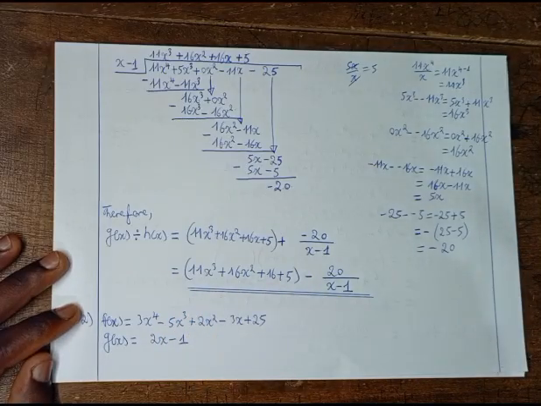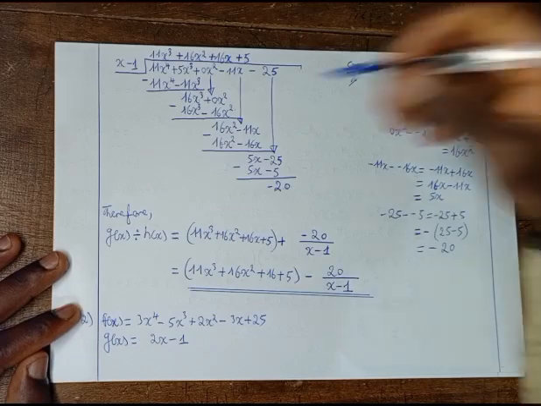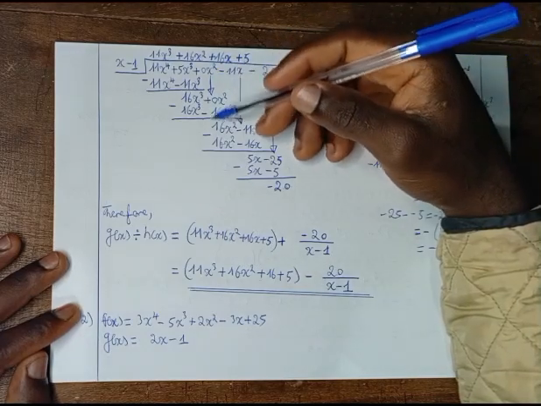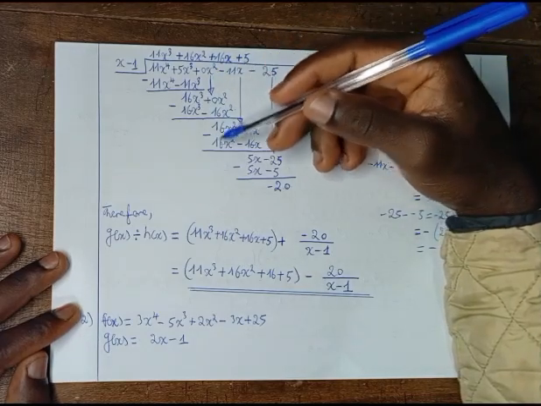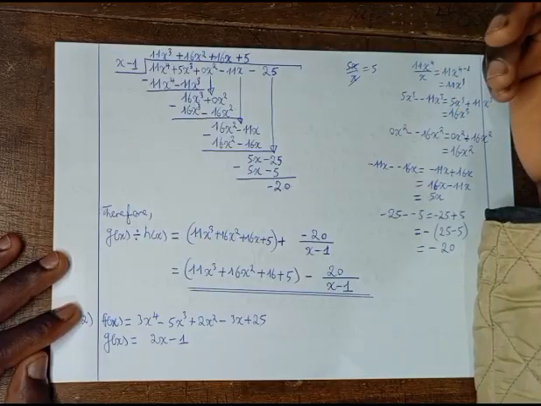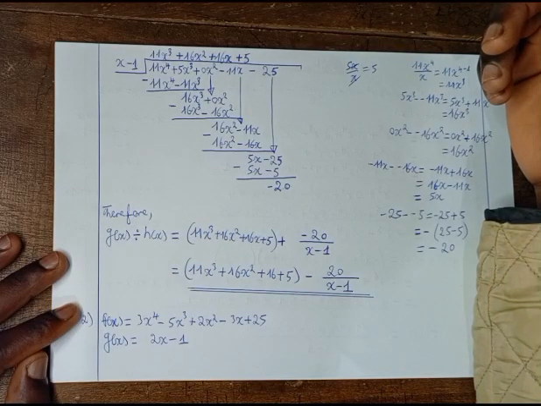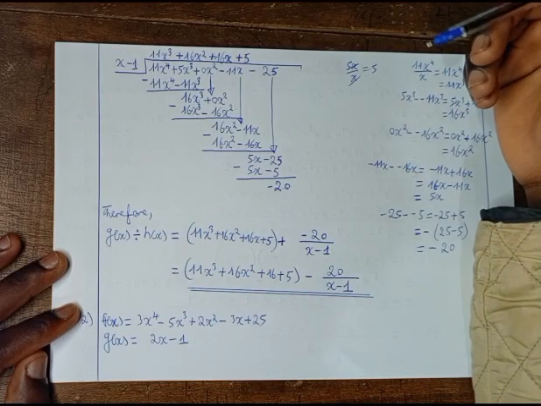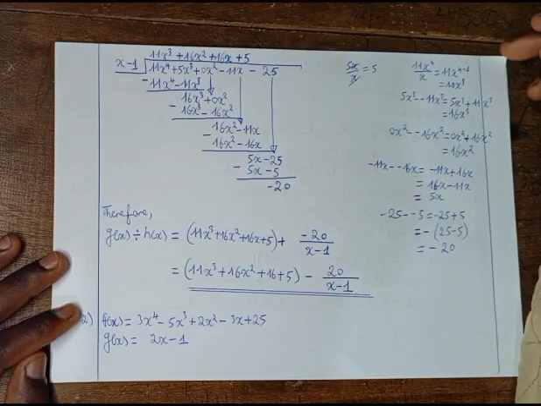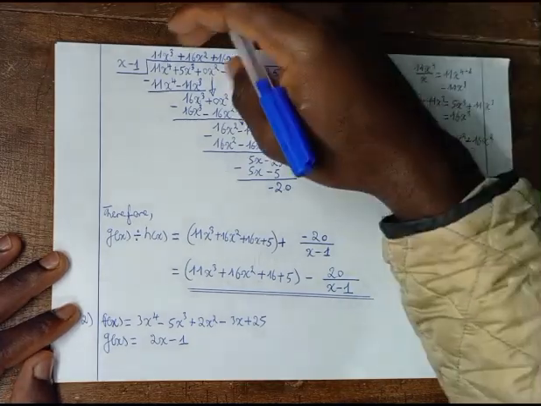In this case, to find this remainder, we can make use of the method of long division, but this will be very time consuming and stressful. It will be very fast if we make use of the remainder theorem.